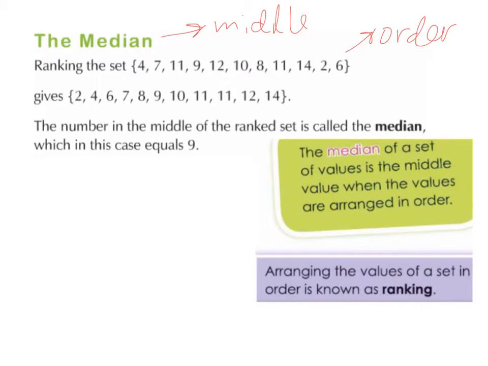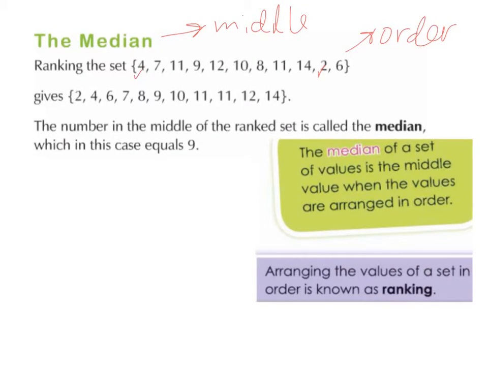A very good idea when you're putting a set of numbers into order is that as you use them, you tick them off. For example, I would have looked along this list and seen that 2 was the lowest number. So I would have ticked off 2 and written it down here and put a comma after it. Then I would have looked along my list again and realized that 4 is the next smallest.